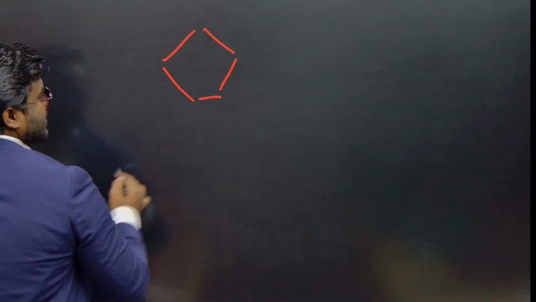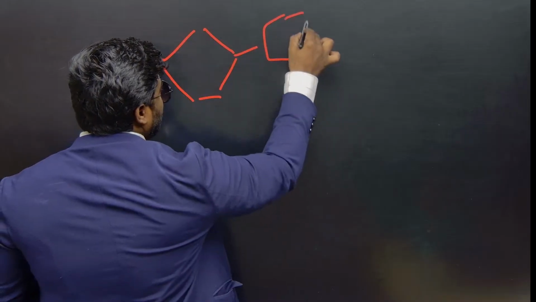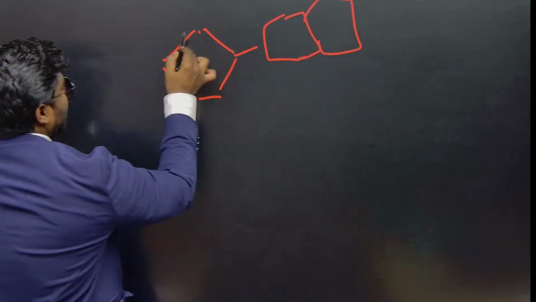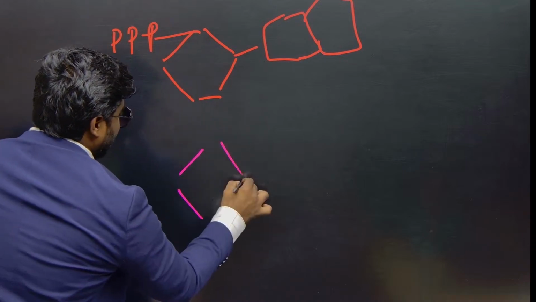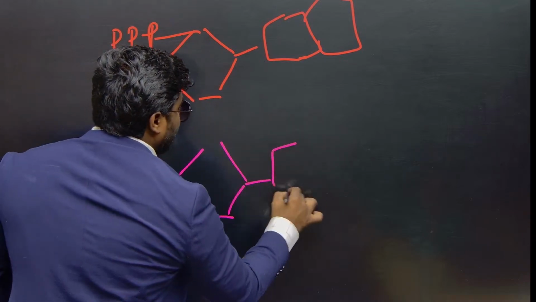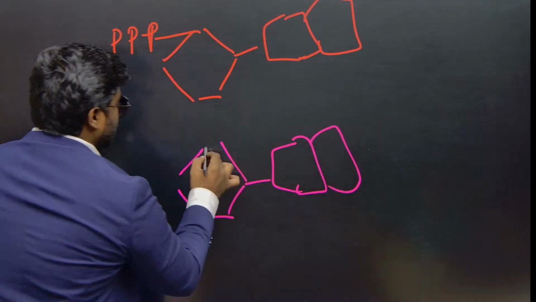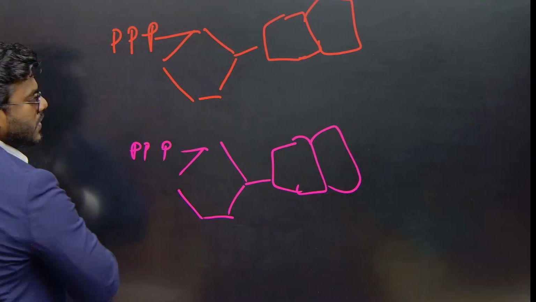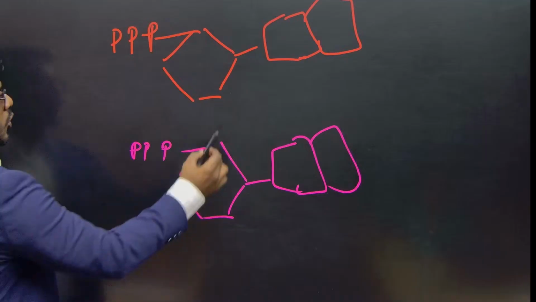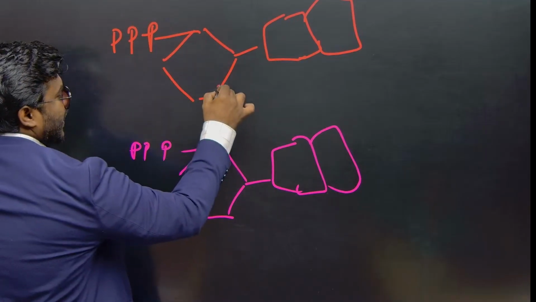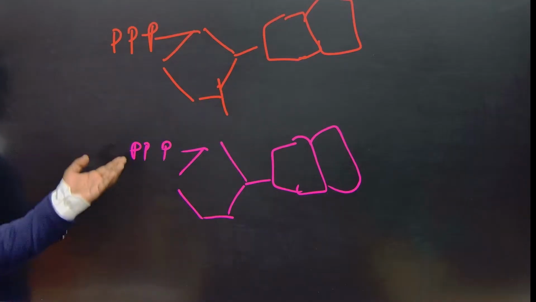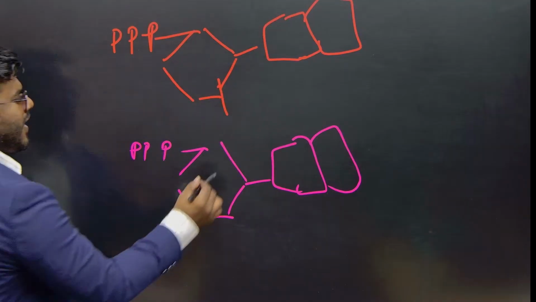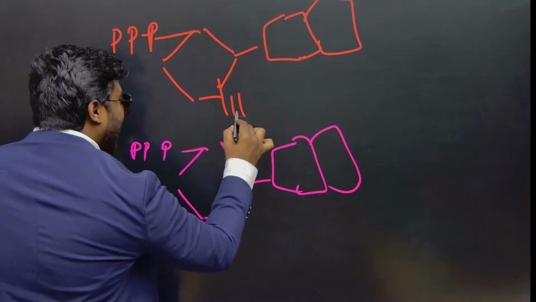Let's consider this is the first nucleotide. This is the sugar, and this is the nitrogenous base, and these are the phosphate groups. Similarly, we have one more nucleotide containing sugar, nitrogenous base and phosphate groups. And in the second position, what group do we have? Suppose it is RNA. RNA has an OH group, RNA is ribose, no. DNA has only hydrogen.